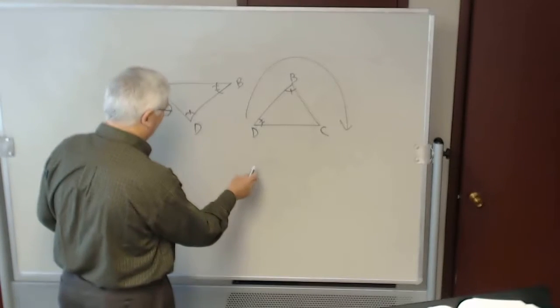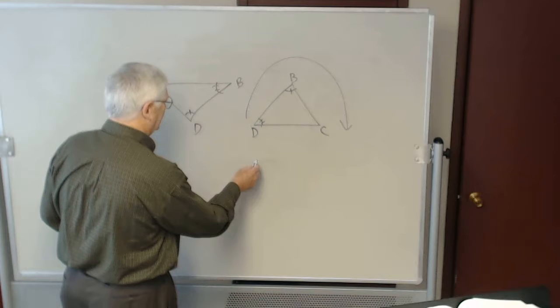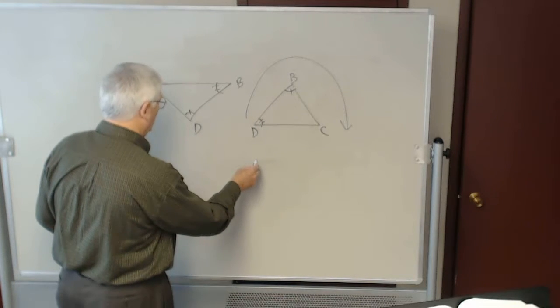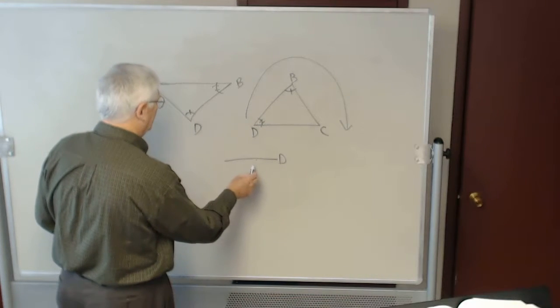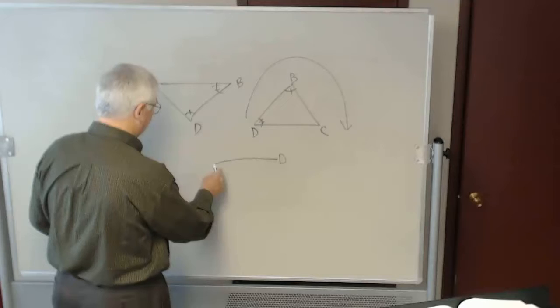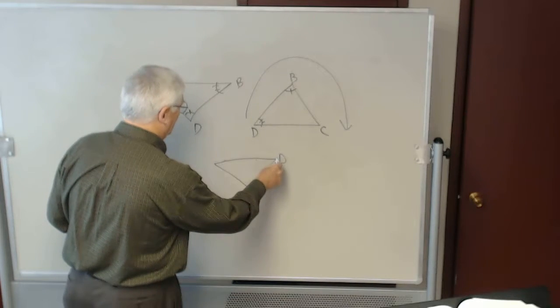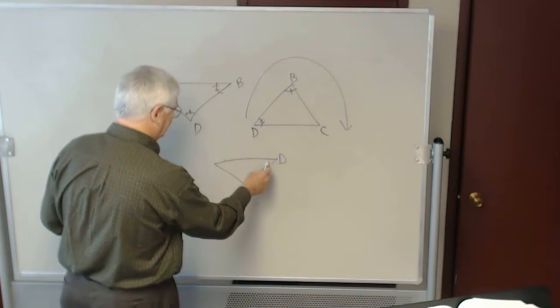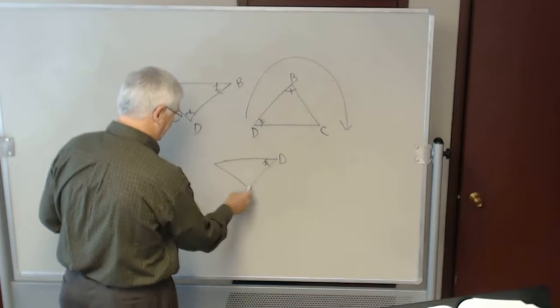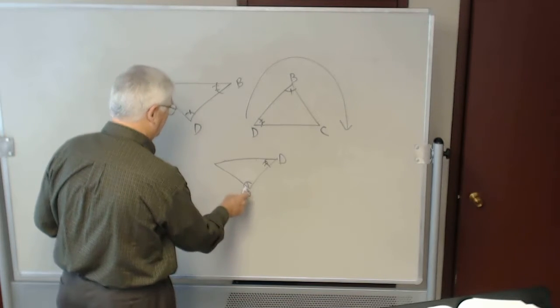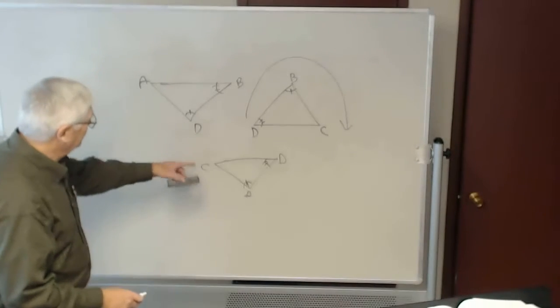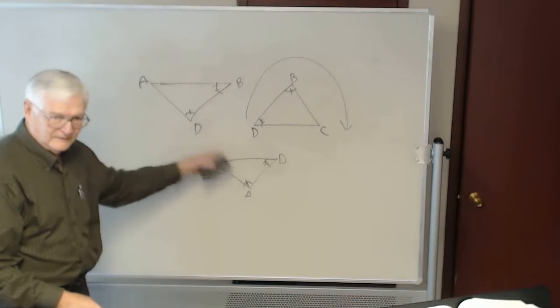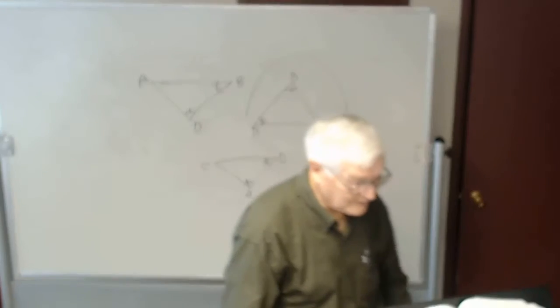So I'm going to switch it around where this is D, that's 2, this is B, that's 1, and this is C. See what I'm doing to line them up so that they're the same way? Now I can put the numbers in.